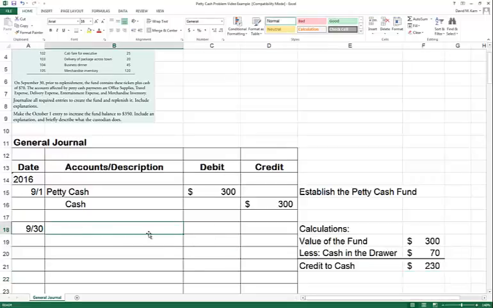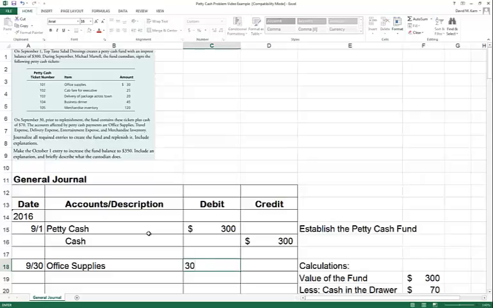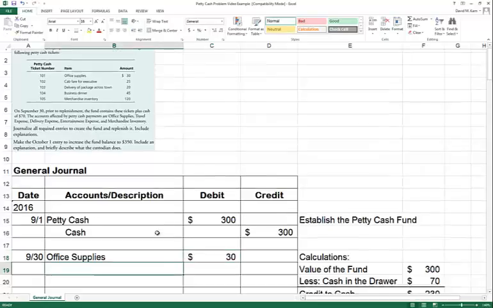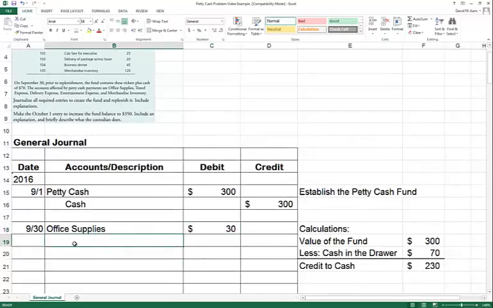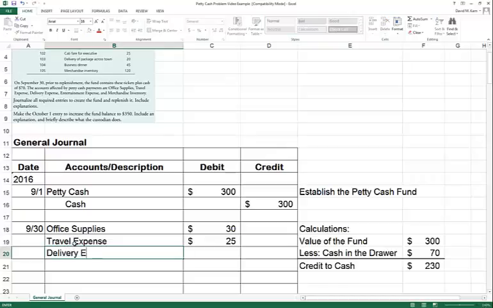Okay, so let's go ahead now and identify the assets and expenses that we either bought or incurred. Office supplies would be an asset that we'd have to debit, so office supplies is debited for $30. The cab fare for executive would fall in the travel expense account, so we would debit travel expense for $25. Then the delivery of package across town would fall into the delivery expense category, so we have $20 for that.